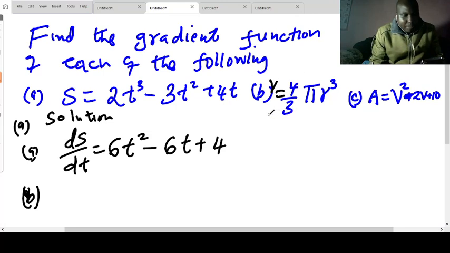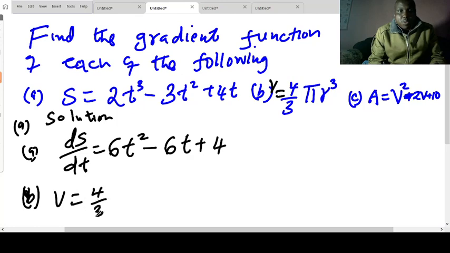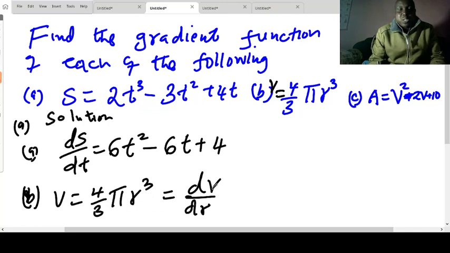So we are going to differentiate V with respect to r and not pi. The variable on the left side is V and the variable on the right side is r, so we are going to differentiate V with respect to r only.